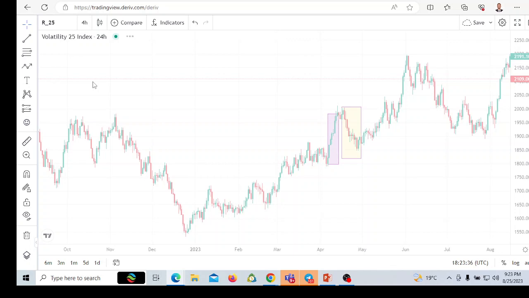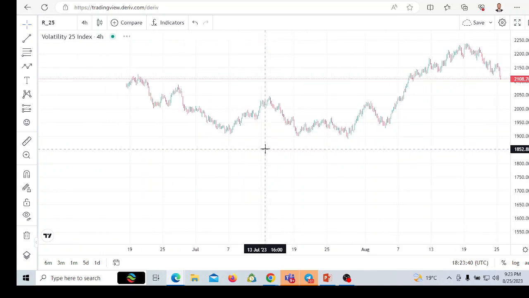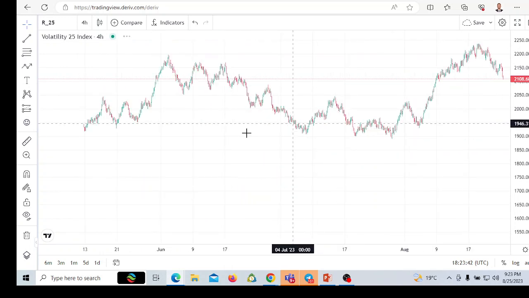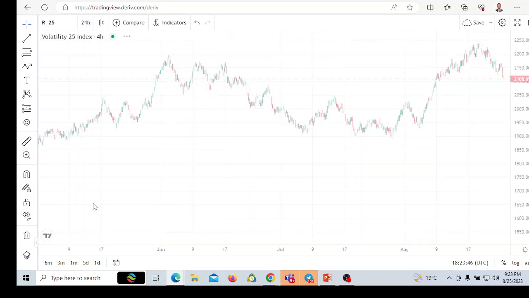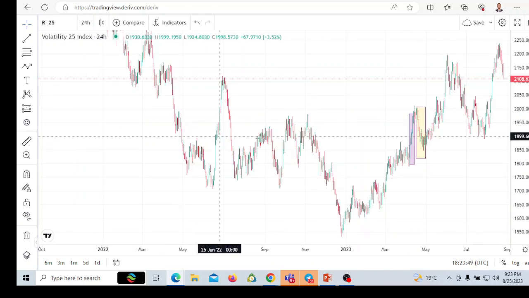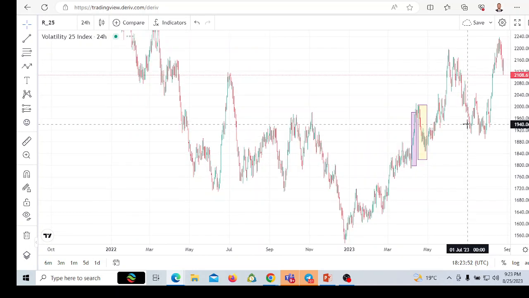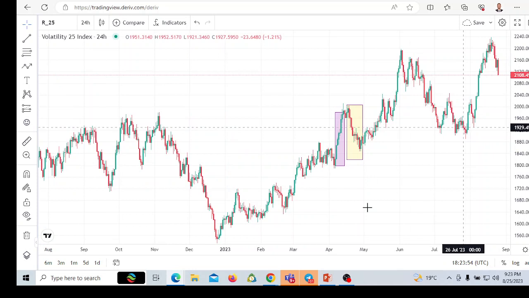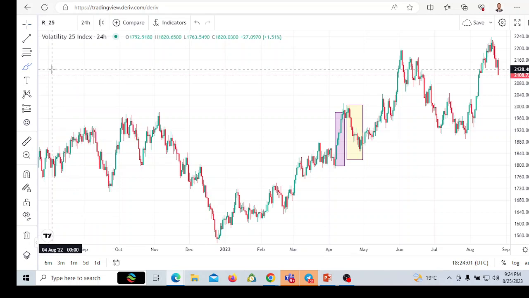There's time zone, then there's time frame. It's not cooperating, so let me just use the daily to give us a perspective. So we can try and do a few markups on what we have been doing.